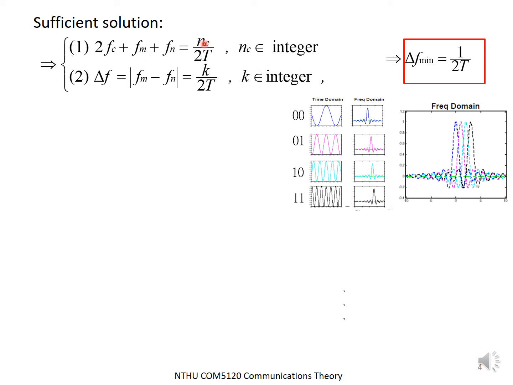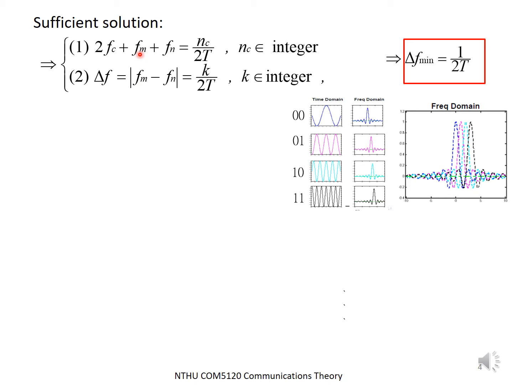And as we said, to satisfy the orthogonal criterion, the carrier frequency has to be selected carefully. It's not that any arbitrary frequency fm can be selected for the carrier frequency.